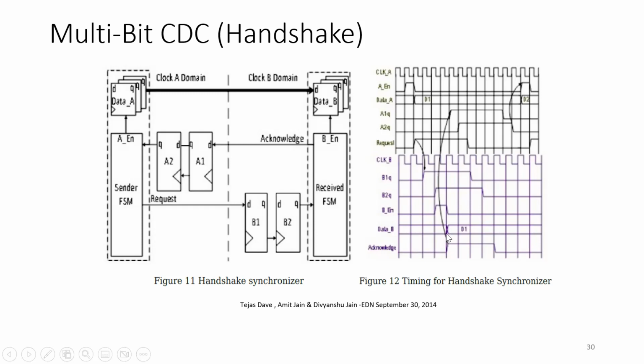So this is the acknowledgement. It is going to A1 according to its clock, followed by A2 according to the A clock also. After receiving the acknowledgement, I am ready to enable a new batch of data. Clear?